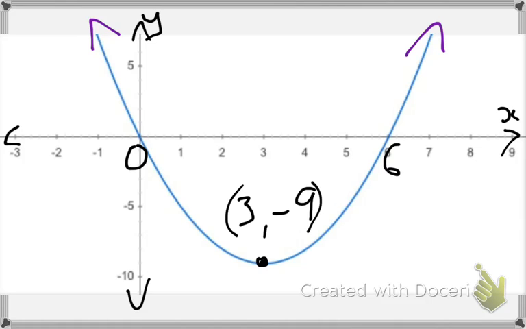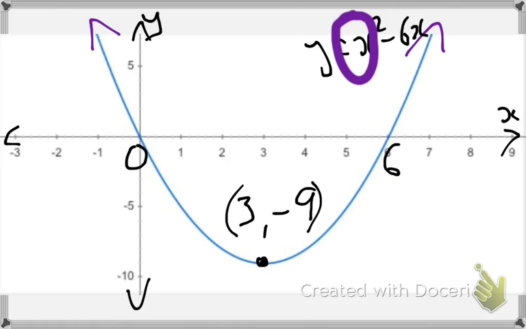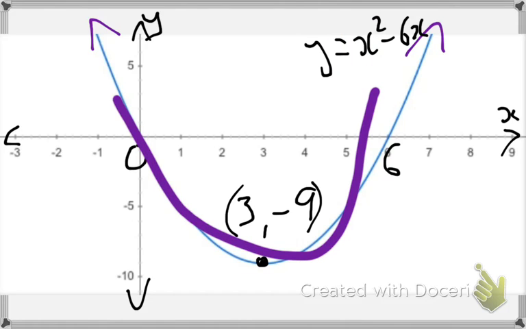You also need to label your graph. So this graph is y equals x squared minus 6x. And that will get me full marks in an exam. And we can also see, because the coefficient of x squared is positive, that we have a happy face parabola.